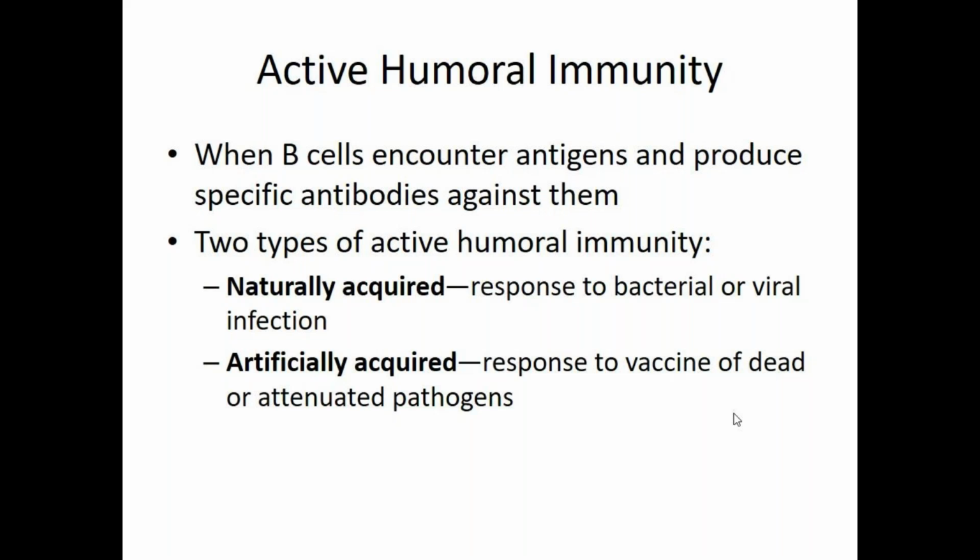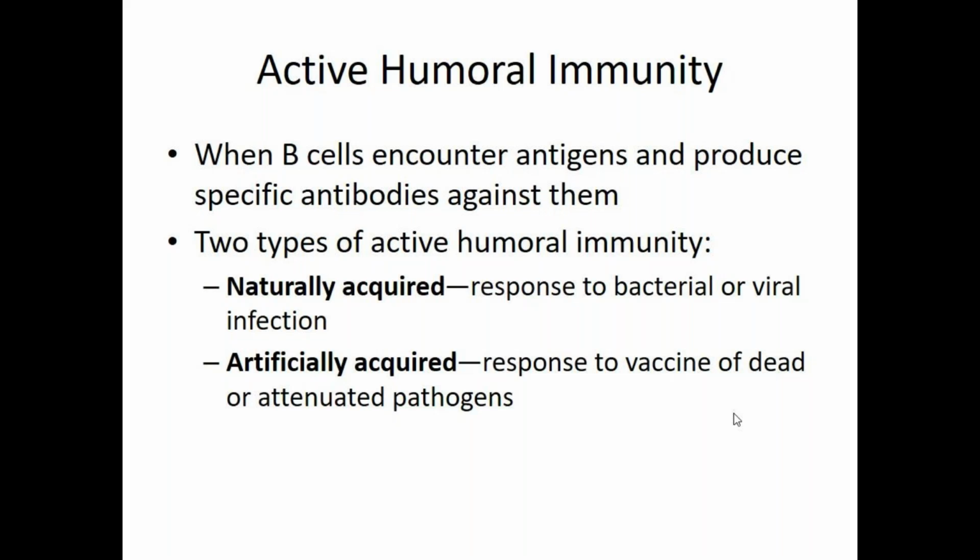And humoral immunity comes in a couple of different forms, and there are multiple ways to acquire it. One of the ways in which we can have humoral immunity is what we call active humoral immunity. Active humoral immunity is when your B cells are making antibody or capable of making antibody. They're yours, you can make them, we're all good.